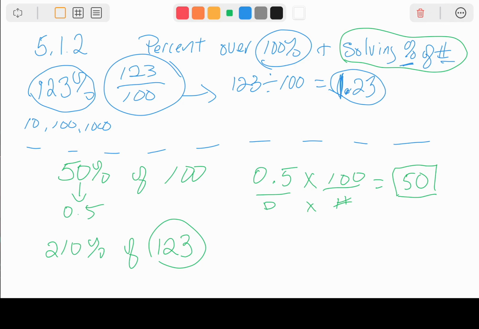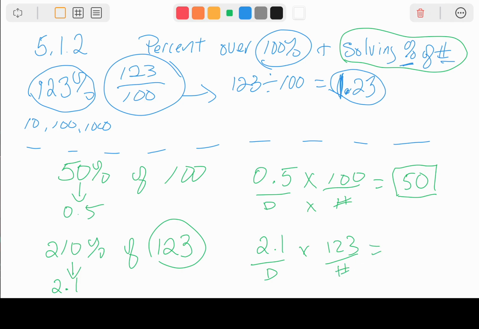So it's still that same thing. I have to convert this into a decimal, which I learned up here, okay? So I take my 210, which is going to end up being 2.1, and I simply take 2.1, which is my decimal. I multiply it by my number, which is 123, and that is going to give me my answer.